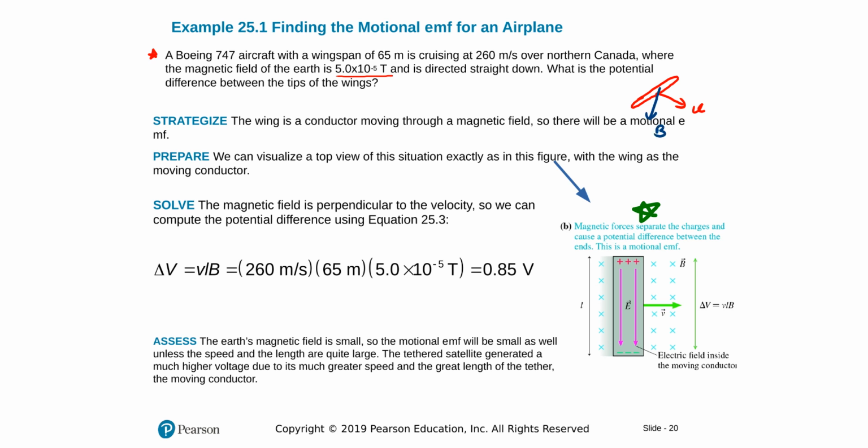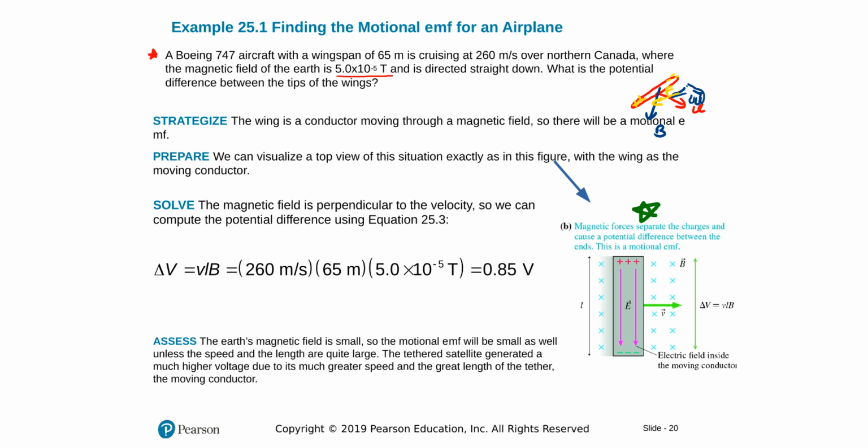If I do V cross B, fingers, hand along velocity, then we curve them down, right? My thumb will be in this direction, so this will be F. This will be the force applied to positive charges. Positive charges will come here, negative charges will go there.